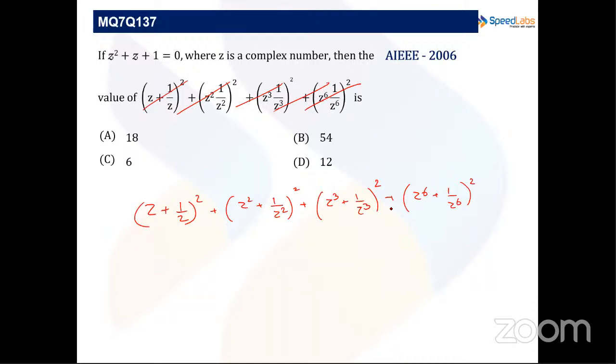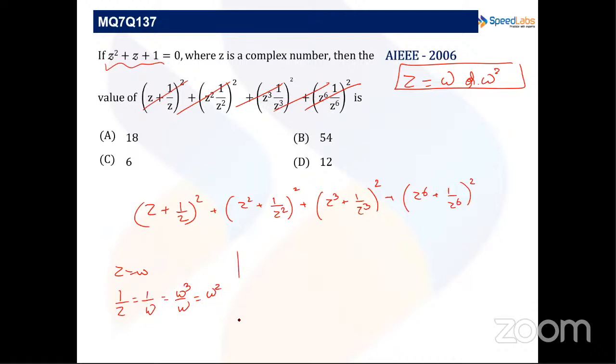Okay, so we are having z square plus z plus 1 equals 0 and z is a complex number. So from here we know that this equation gives us either z equals omega, that is cube root of unity, we will be getting omega or omega square. So let's say z is our omega, then 1 upon z will be 1 upon omega, and 1 is omega cube, so it is omega square.